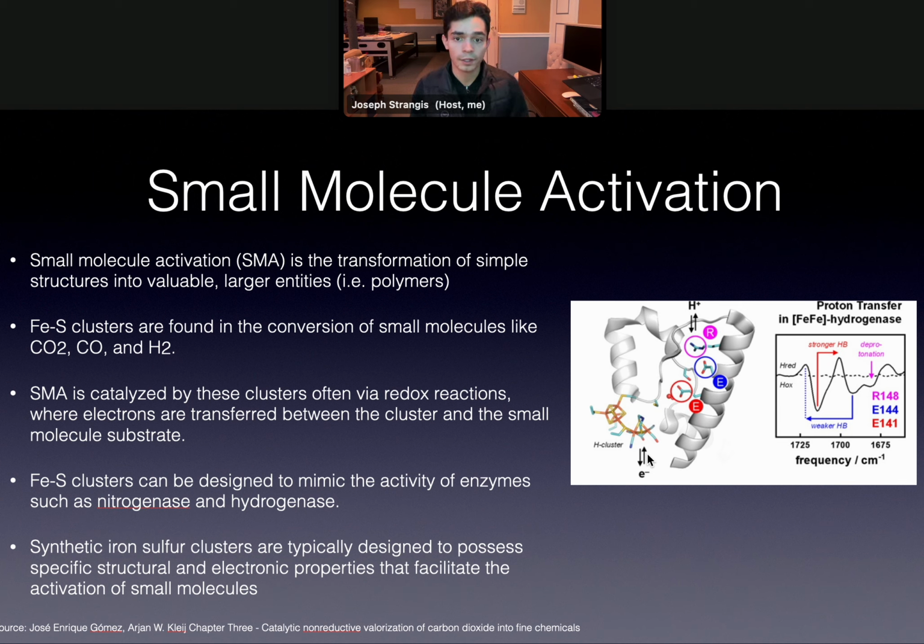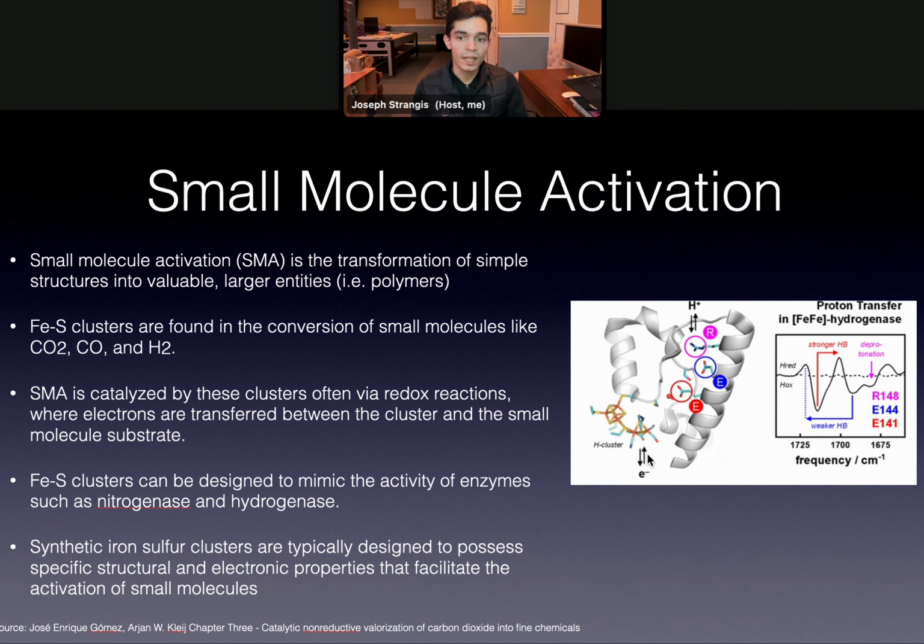Small molecule activation itself is the transformation from a simple structure to something larger, maybe into something like a polymer. And iron-sulfur clusters are found in the conversion of carbon dioxide, carbon monoxide, and diatomic hydrogen gas.